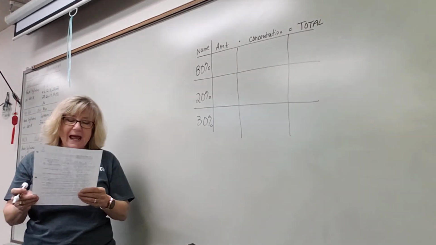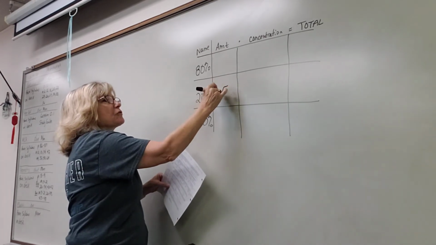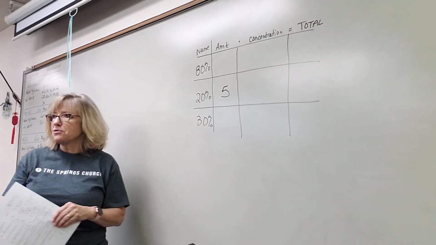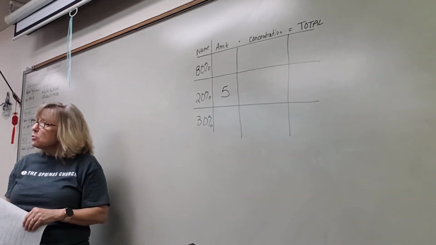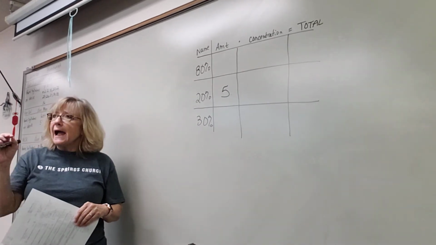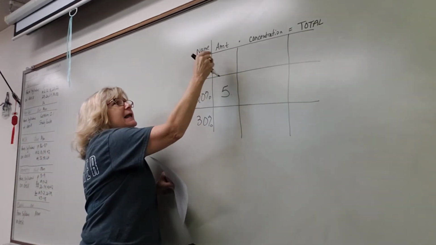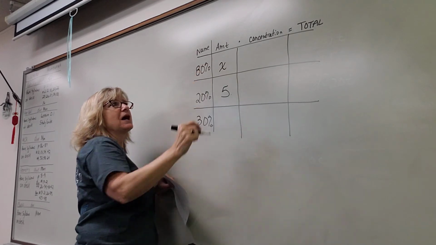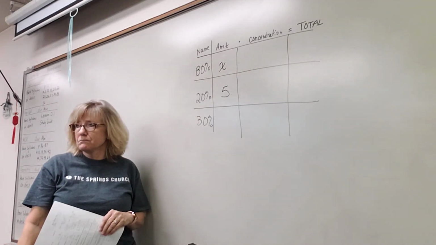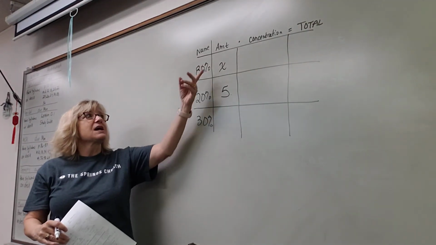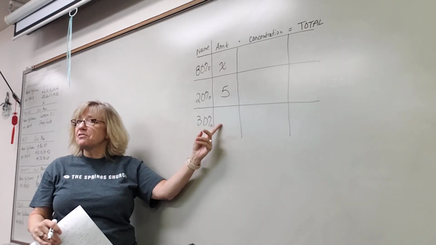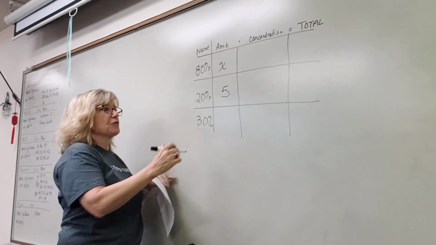And we know that we're going to add it to 5 liters of the 20% solution, but I don't know how many liters I'm adding of the 80%. So there's my unknown quantity. Well, when I get done, I'm going to have X plus 5 liters, won't I? So I can fill this box in.